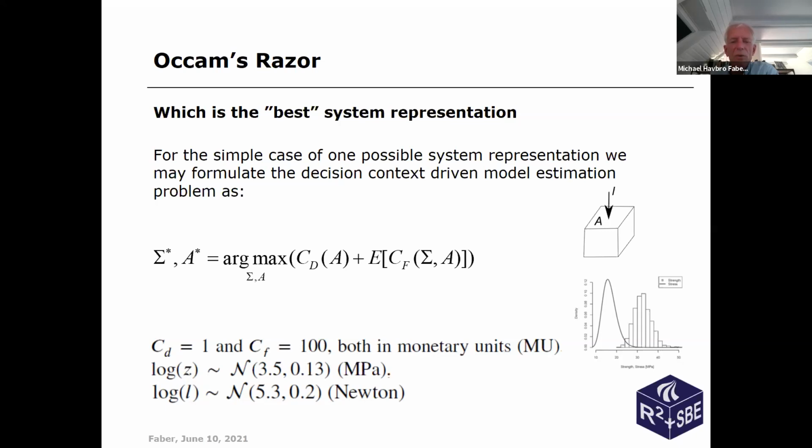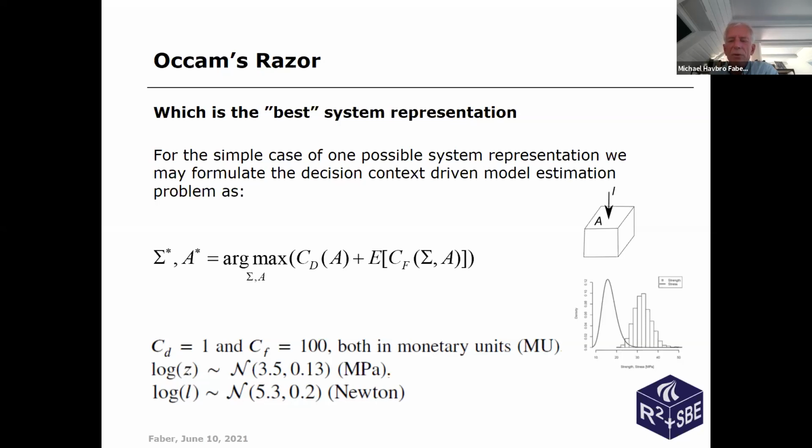And now we would like to optimize the decision on the cross-sectional area, accounting for the cost CD, which is 1 unit per 1 unit of area, and then the cost of failure, which we assume is a factor 100 higher. So we want to minimize the cost, and we can do that by incorporating the choice of the probabilistic structure describing the histogram.